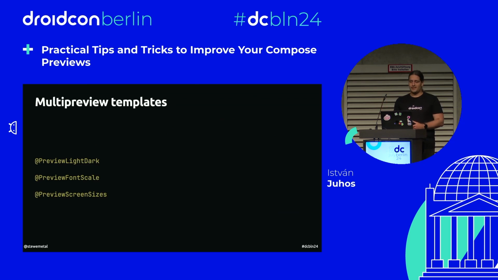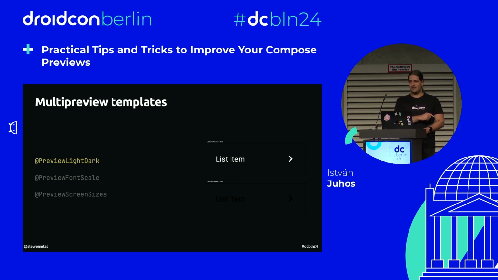This is a more recent thing than multi-preview annotations themselves. The Jetpack Compose tooling actually comes with these multi-preview template annotations, which do pretty much the same as we would do, as their name suggests. The first one here is preview light dark, which does basically the same thing that we've done manually without setting the background.